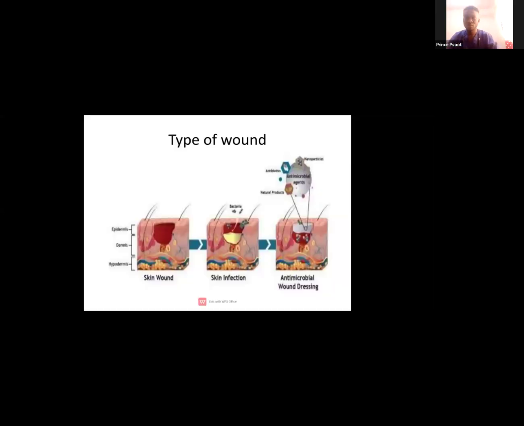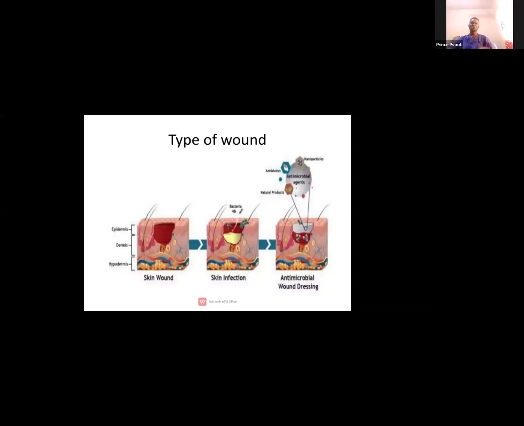Now we have types of wound. When we talk about wound dressing, of course, it's an injury. We have the skin wound, the one that is just a normal laceration, a cut, an abrasion, whatever it is on the skin. Then we have skin infection.